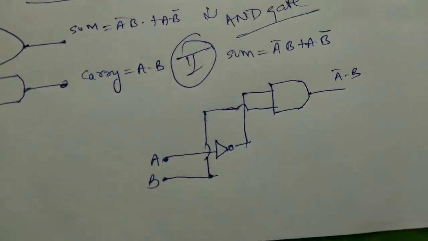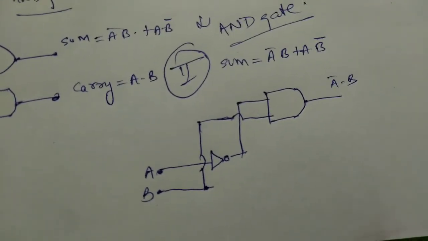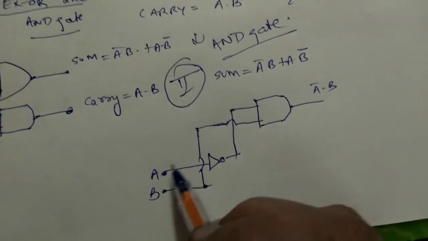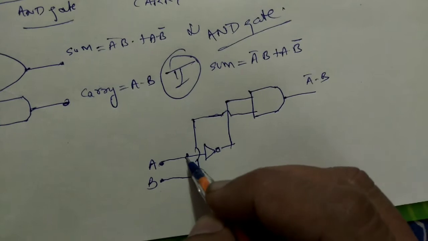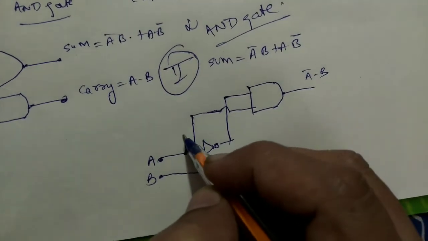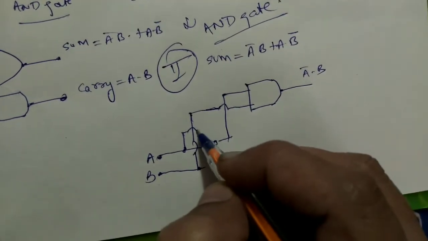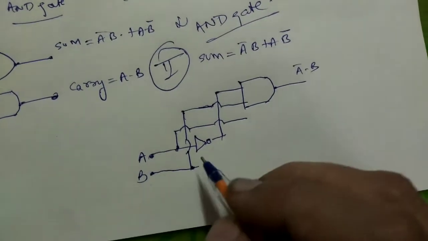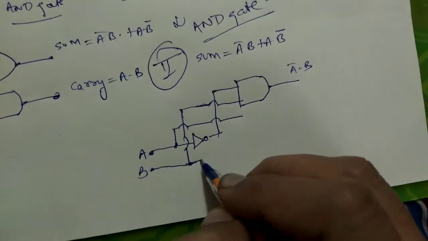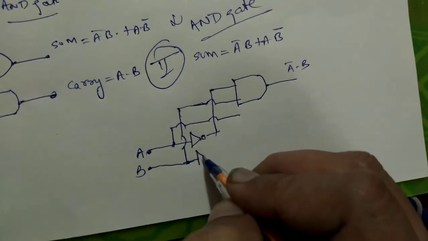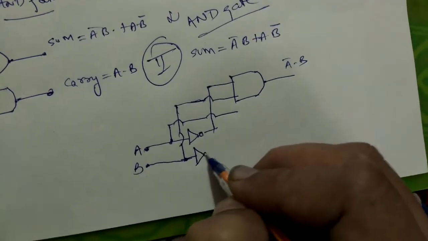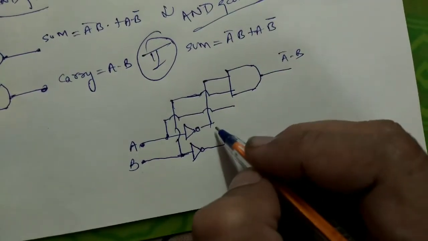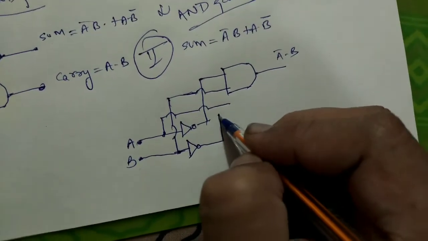Now I have to add this, but before that I have to take a into b bar. So from here I can take a, and b bar. For that, here I am connecting a NOT gate, and this is a, and from here I am getting b bar.